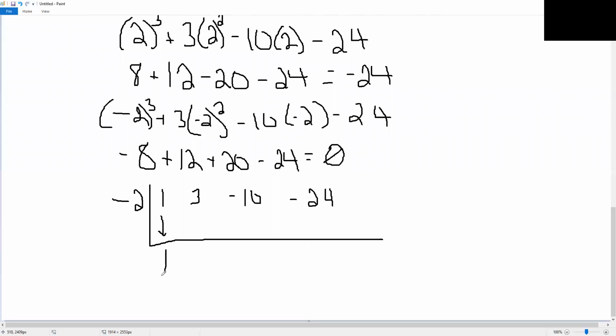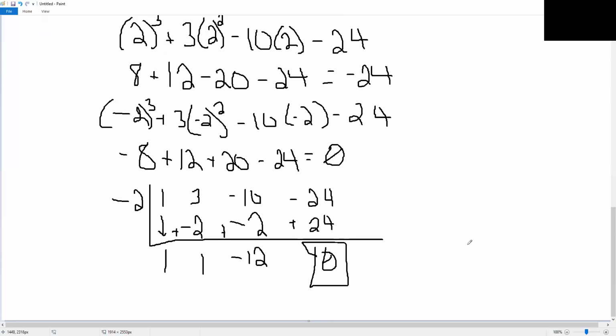Bring down our first one. -2 times 1 is just -2. We're going to add these and we get 1. We get -2 here. Add these and you get -12. -2 times -12 is plus 24. And that equals 0.